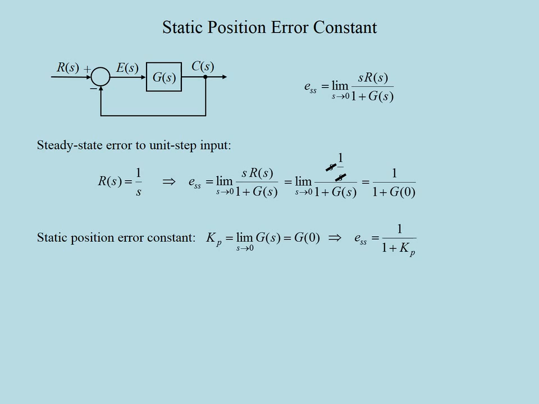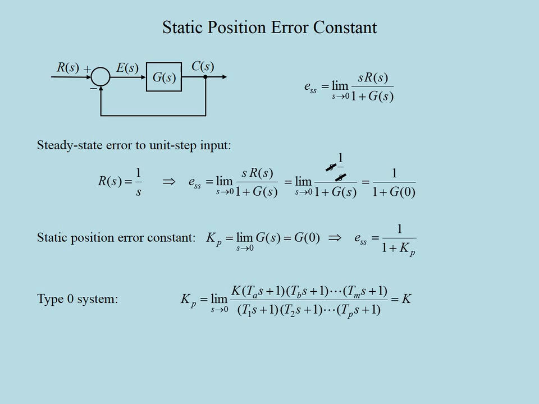If the system is of type 0 and the transfer function is factorized so as the constant terms of the first order factors in both the numerator and the denominator are 1, all these first order factors will approach 1 as s tends to 0. That means Kp will be obtained as K, that is the DC gain of the system.